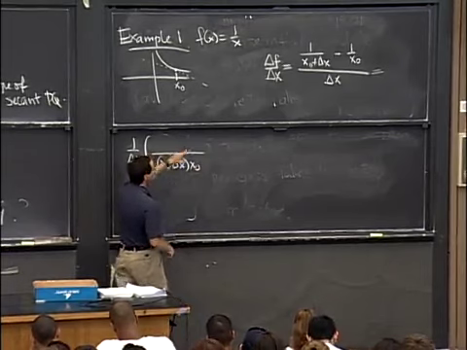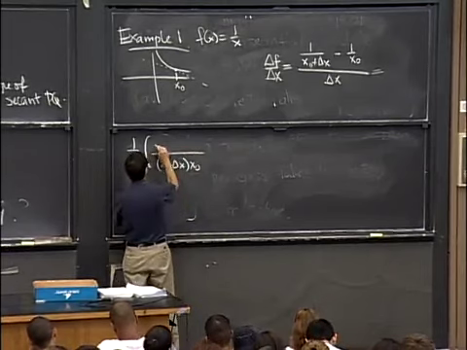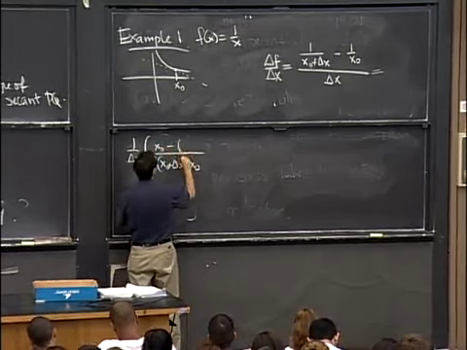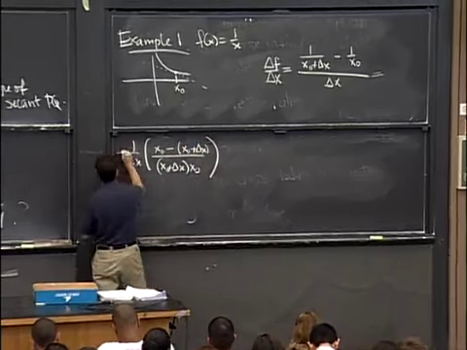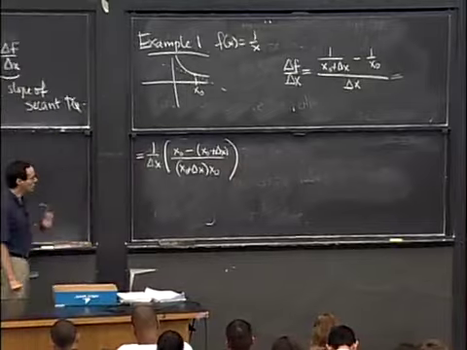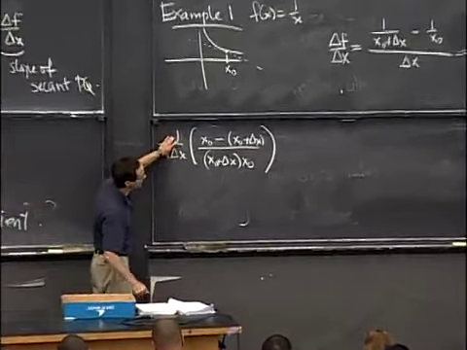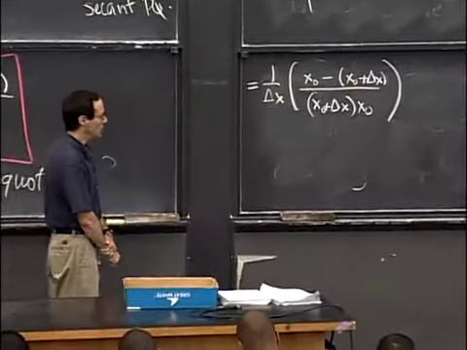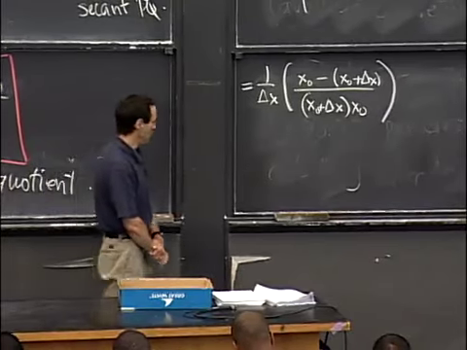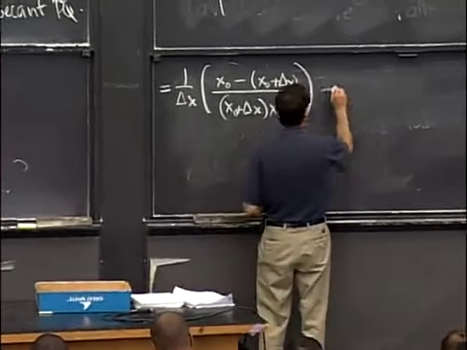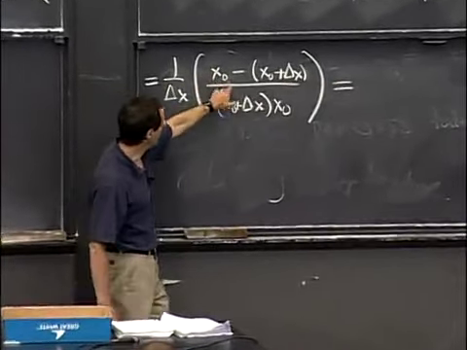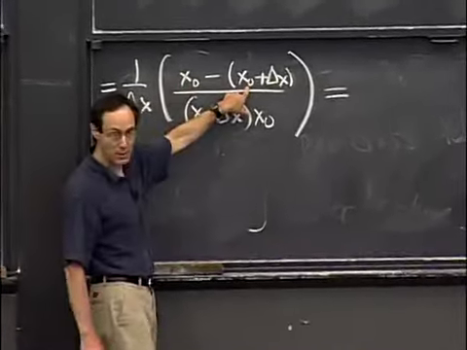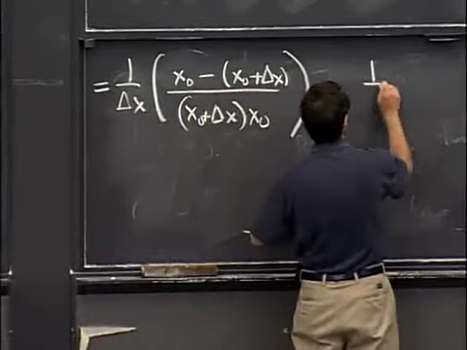And so in the numerator, for the first expression, I have x0. And for the second expression, I have x0 plus delta x. So this is the same thing as I had in the numerator before, factoring out this denominator. And here I put that numerator into this more amenable form. And now there are two basic cancellations. The first one is that x0 and x0 cancel. So we have this.